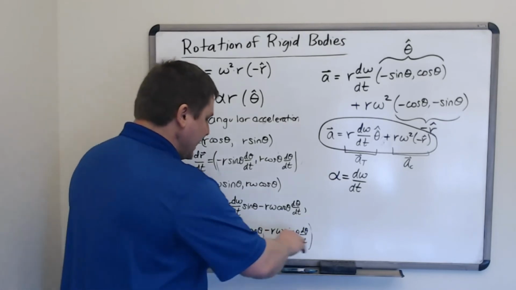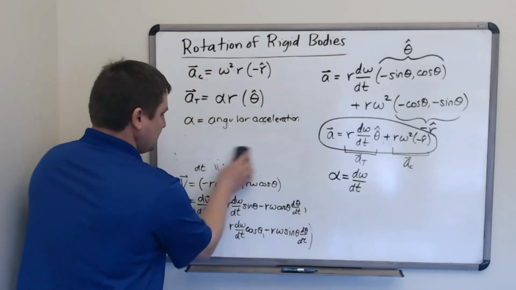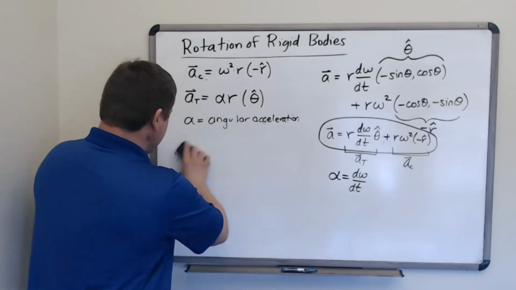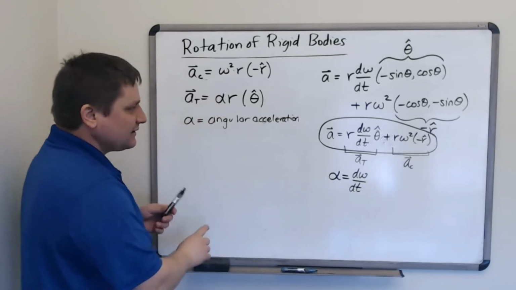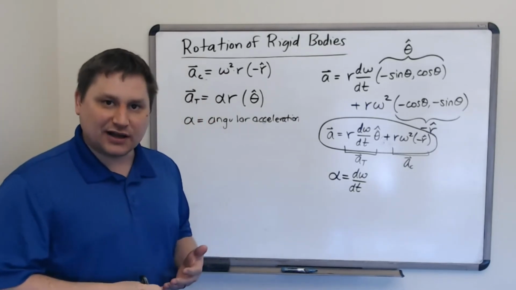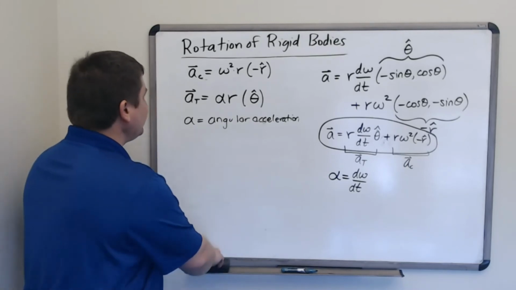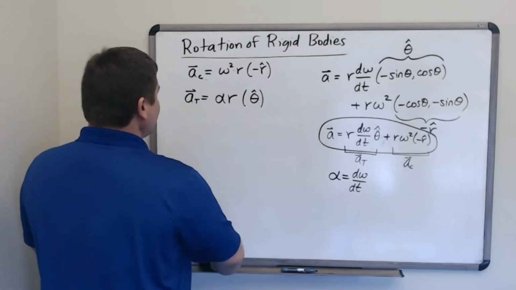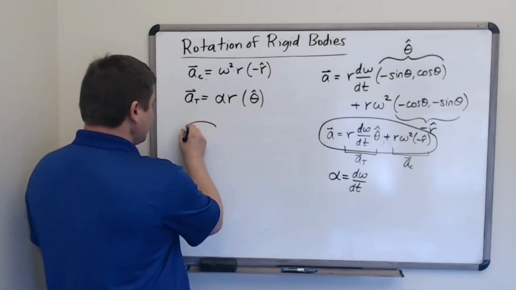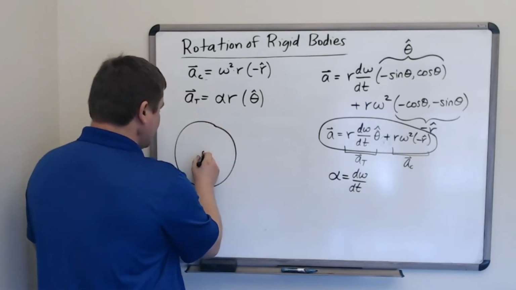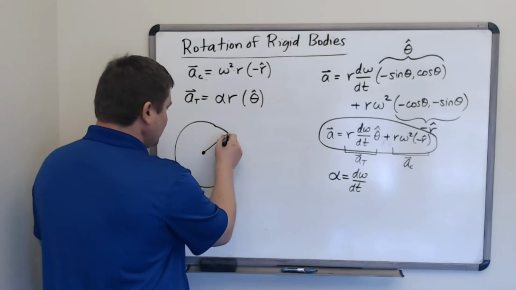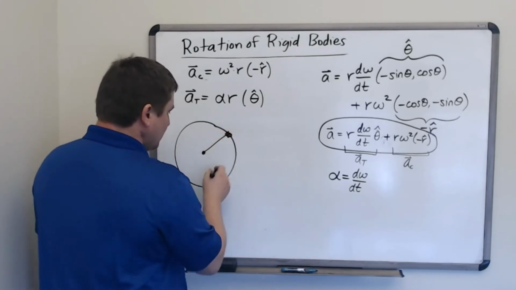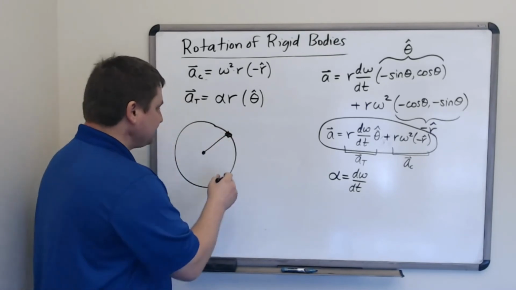Okay, so we now have a more or less complete description of how objects move rotationally. We've got some axle, some specific piece of the object.